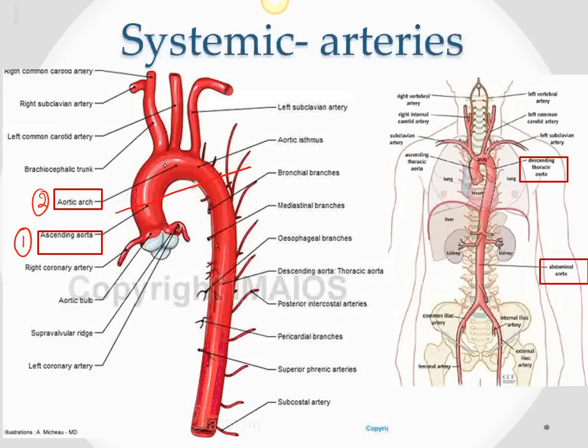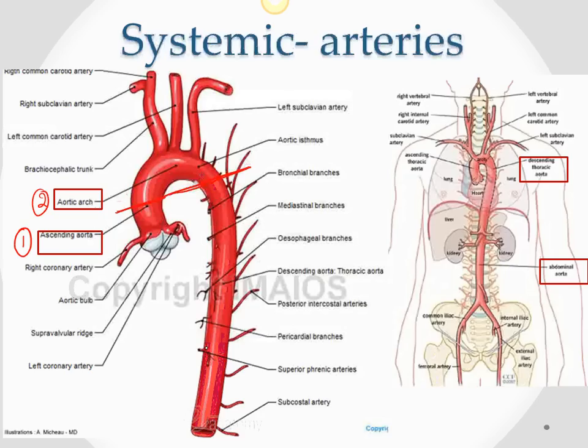This aortic arch is curved, as you can see, in an arch-like fashion. So it goes from the anterior to the posterior end. At the sternal angle, which cuts the disc between the fourth and the fifth thoracic vertebra posteriorly, this aortic arch begins here and it ends there. So you can see this is the arch.